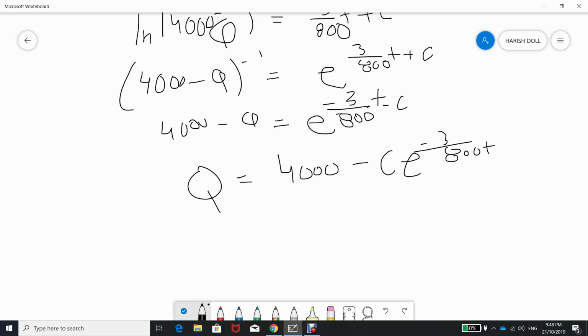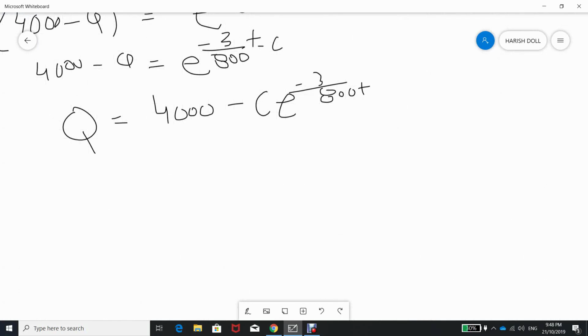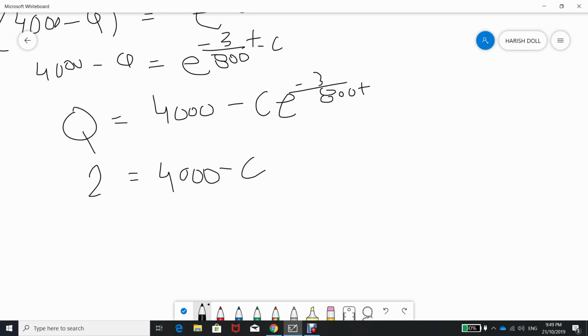And now if you look back at the problem, we're given that initially it has 2 ounces of pollution already present, so we can find the value of c by substituting t with 0. So we can say 2, the amount of pollution already present in the container, is equivalent to 4,000 minus c. If we multiply t by 0, it's going to turn to 0, and any number raised to 0 is 1, so c times 1 is c.